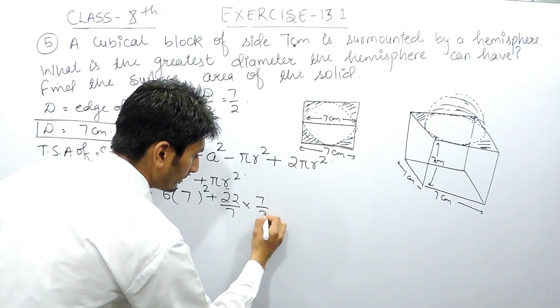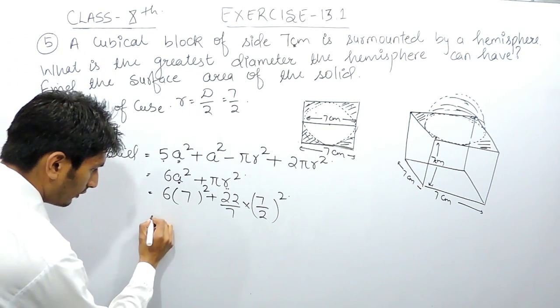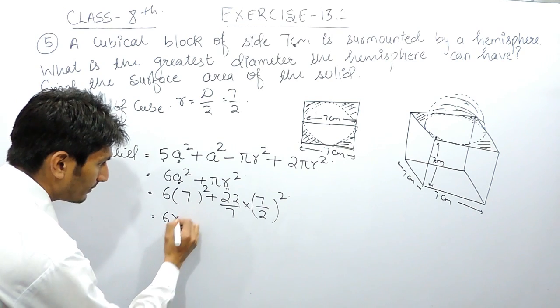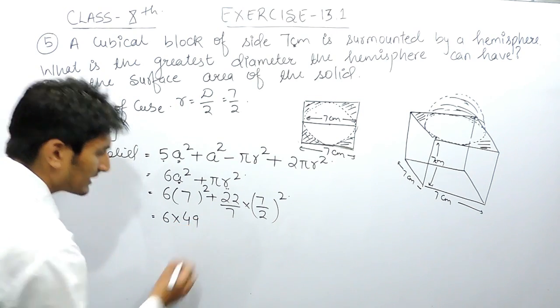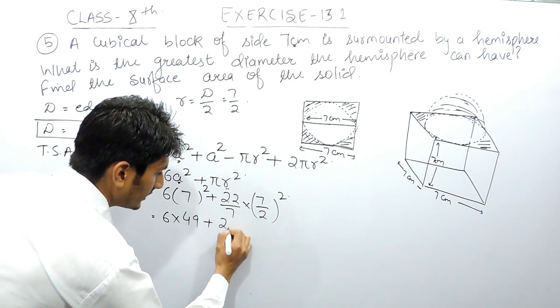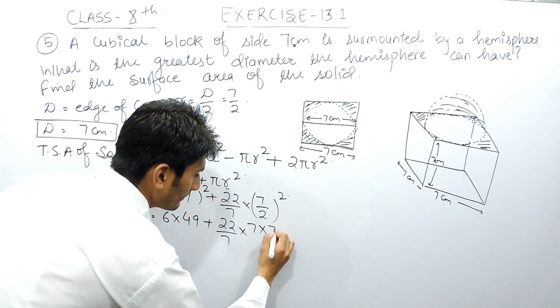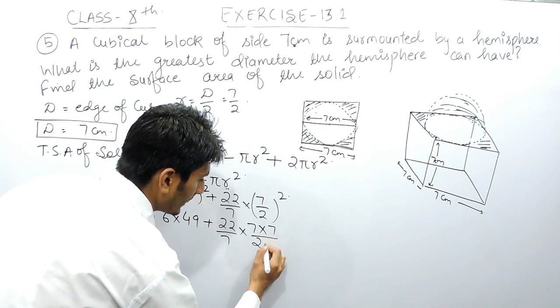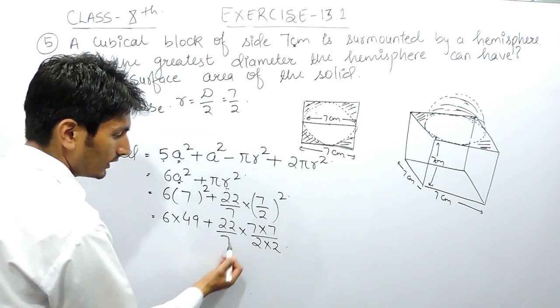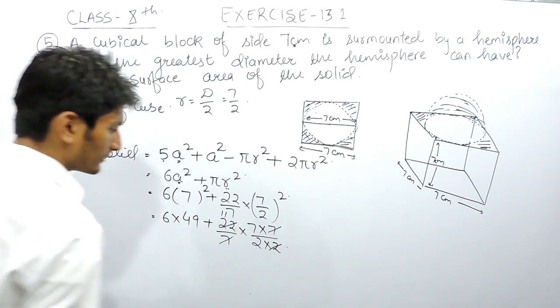So this will be 7 by 2 whole square. Now this will be 6 multiplied by 49, plus 22 upon 7 multiplied by 7 multiplied by 7 upon 2 multiplied by 2. Now this can be cancelled with this 7, and 2 can be cancelled 11 times.